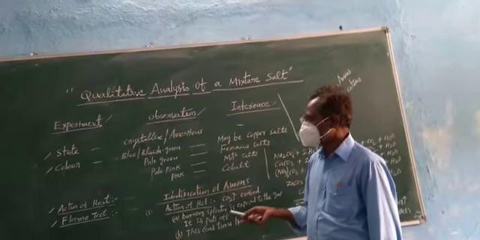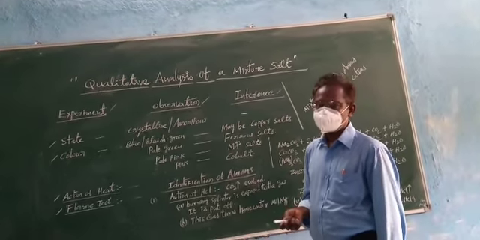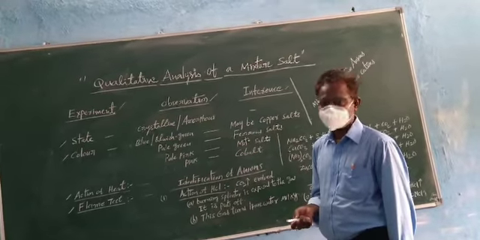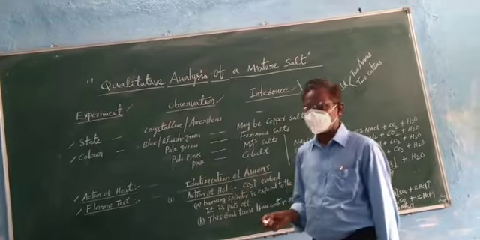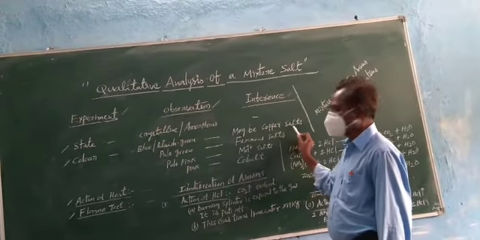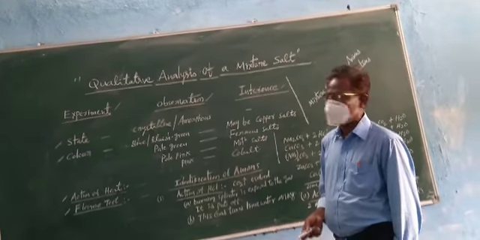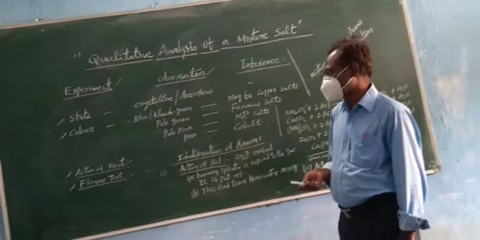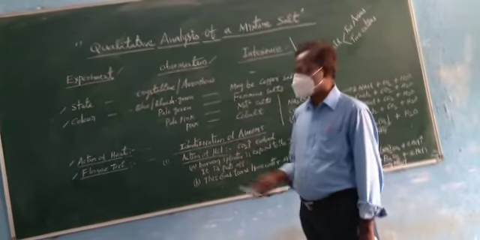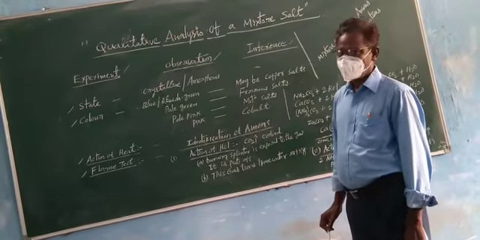Next, color. Majority of salts are white in color, but some salts are colored. In general, blue or bluish green salt may be a copper salt: copper nitrate, copper chloride, copper sulfate. These are all blue color salts. Pale green salts are ferrous salts, like ferrous sulfate.